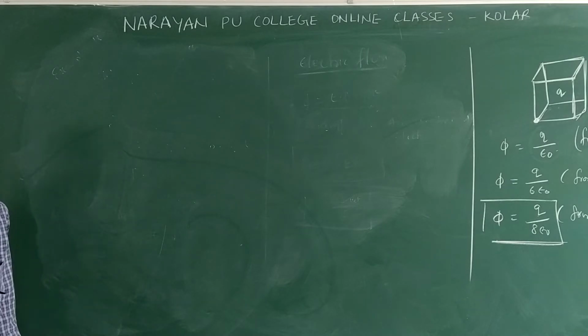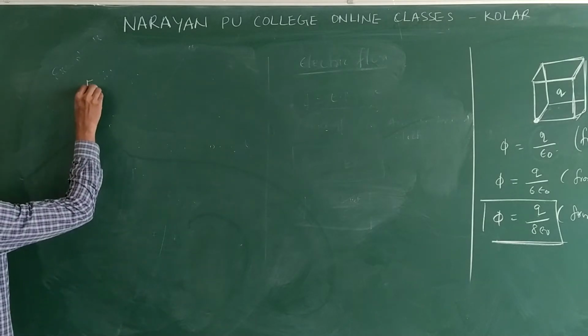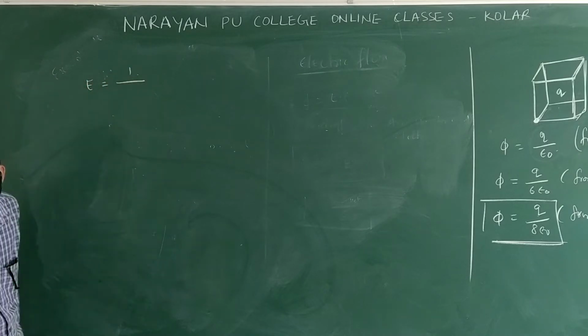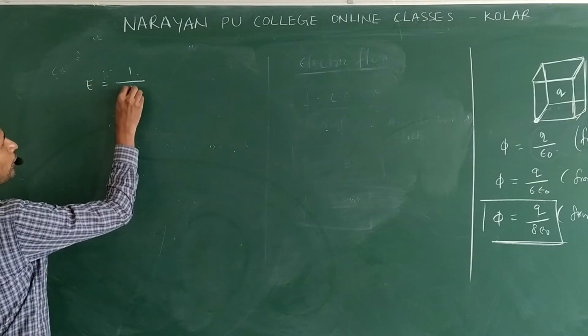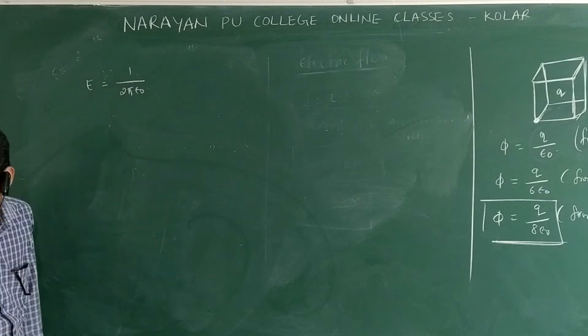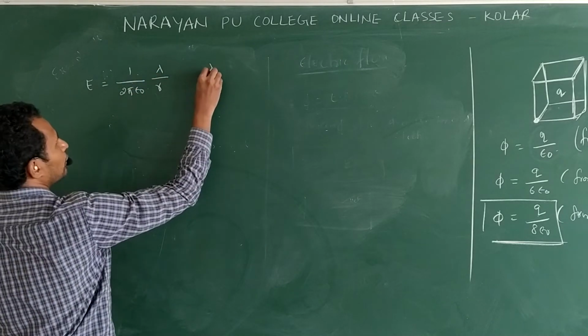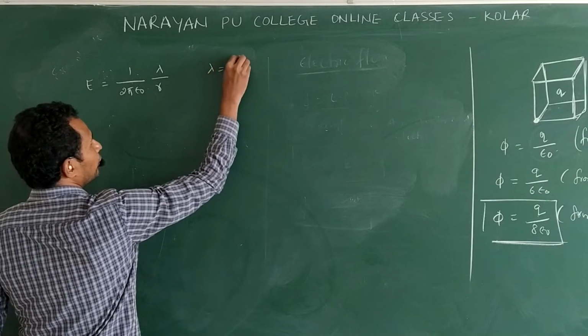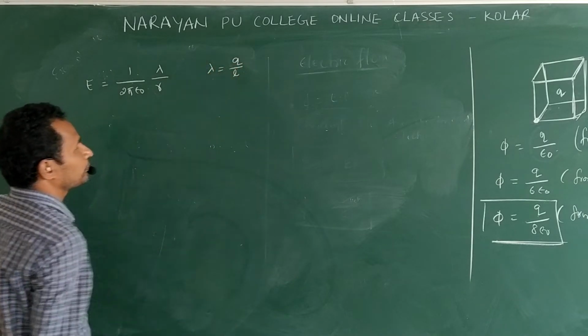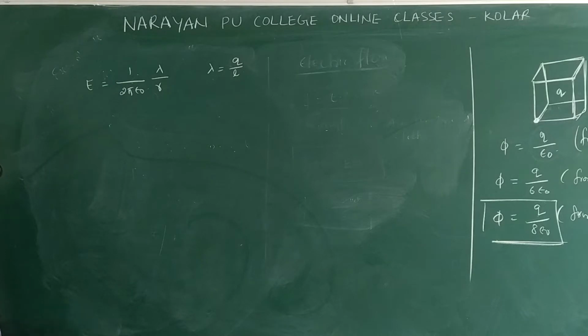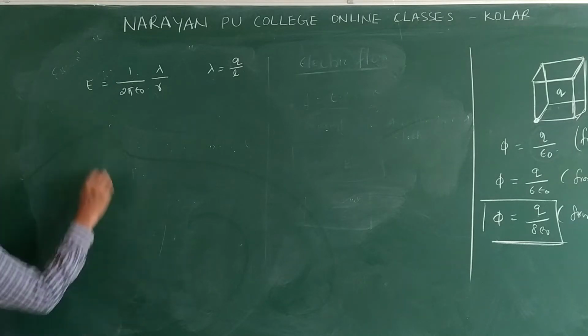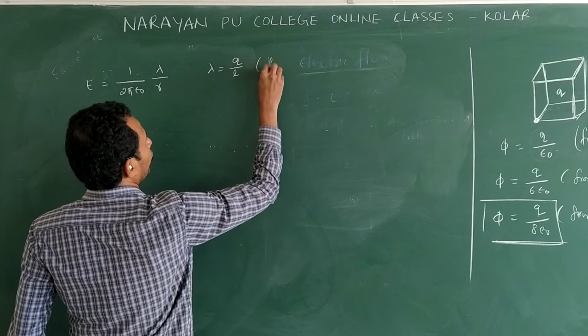That we have seen: E is equal to 1 by 2 pi epsilon naught lambda by r, where lambda is the linear charge density, Q by L. Clear? This is for an infinitely long wire.